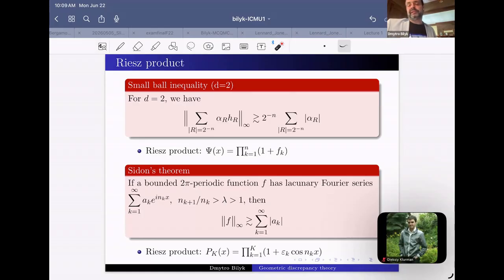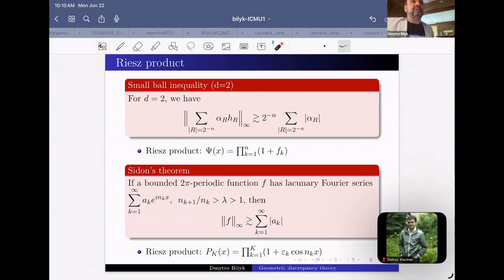So if you have a function with lacunary Fourier series, you can put cosine here instead of the complex exponential, for example. Then the supremum of this function is bounded below by the sum of the coefficients. The opposite inequality is obvious. You just put absolute values inside, and all of these guys are bounded by 1. But the lower bound, with some absolute constant, is non-trivial.